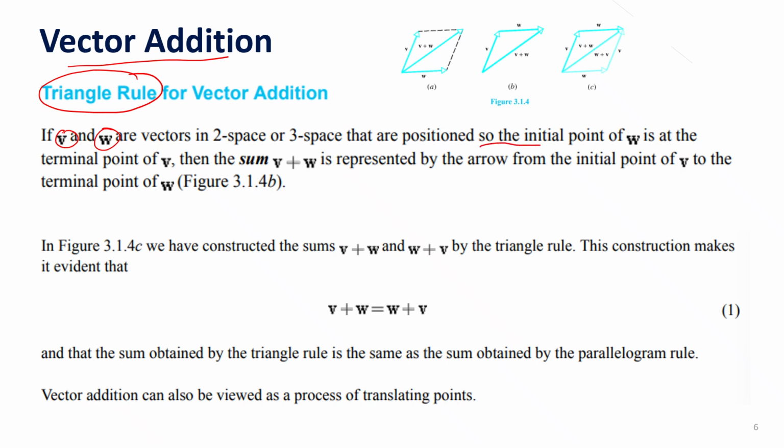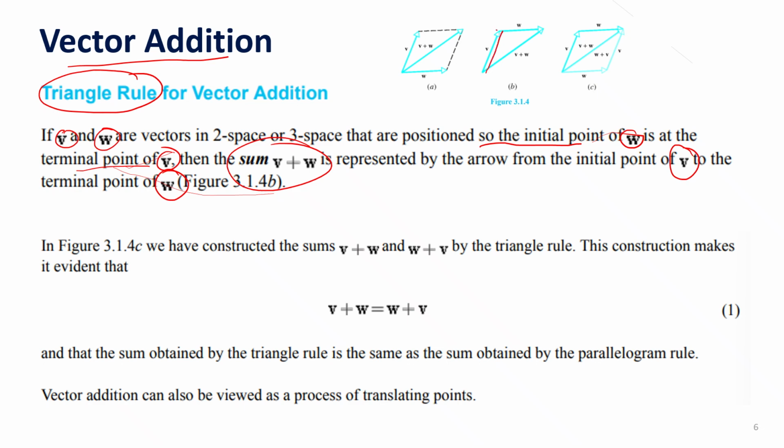The initial point of w is the terminal point of v. So the sum v plus w is represented by the arrow from the initial point of v to the terminal point of w. Like this one.